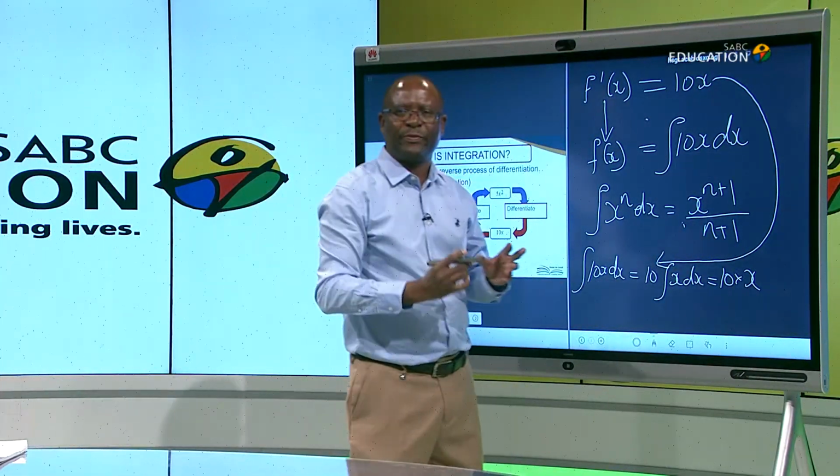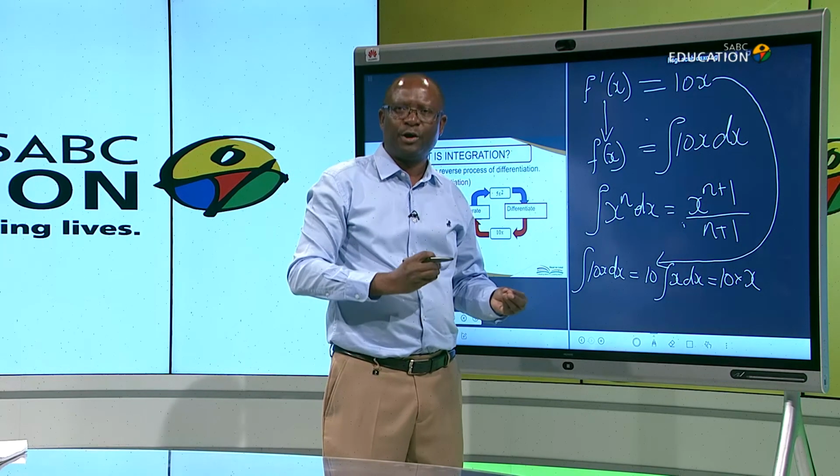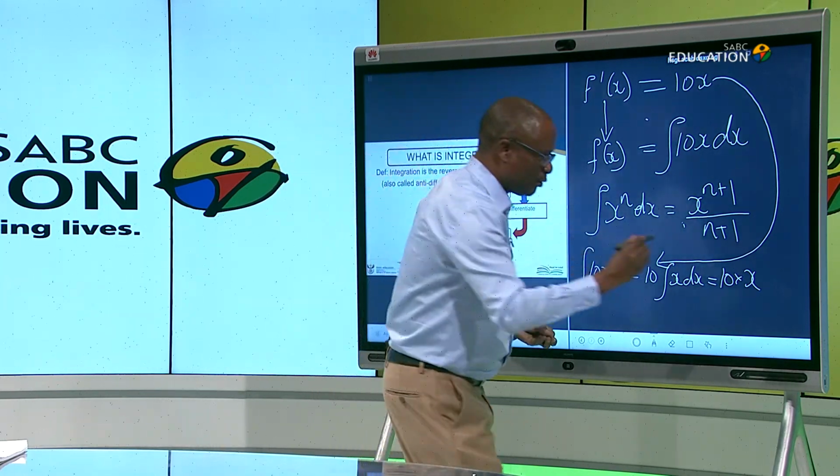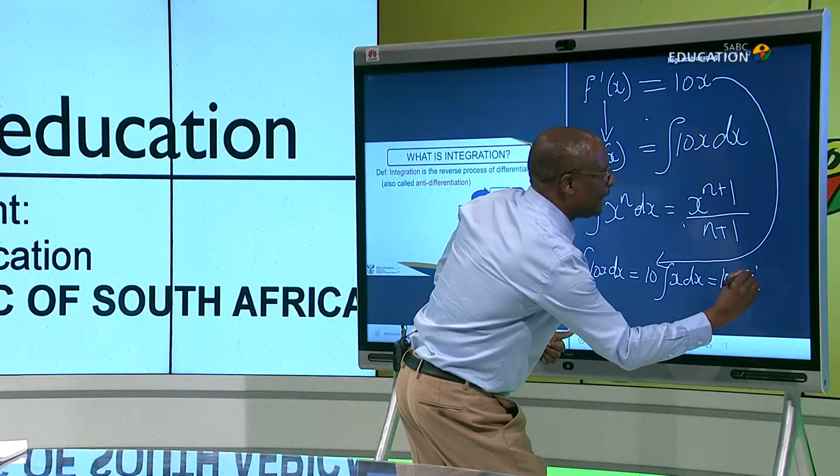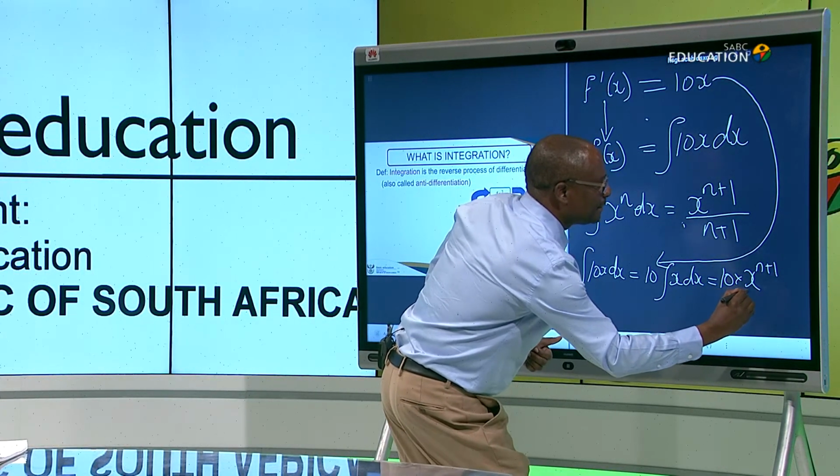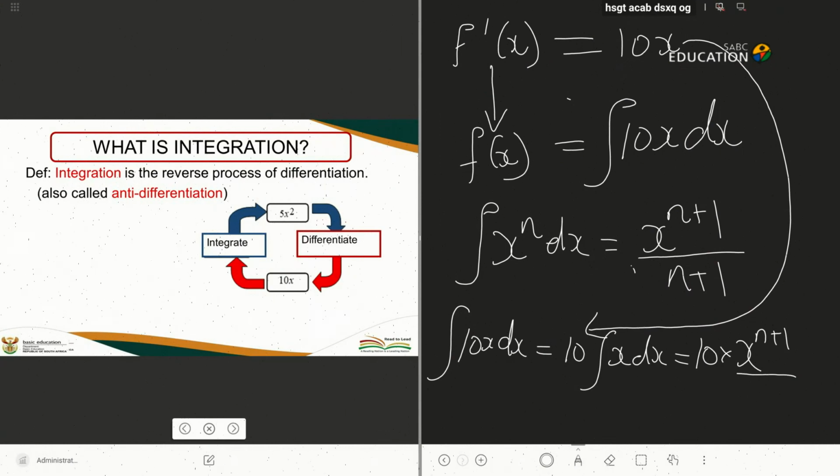With integration, we don't subtract, but we add, which will be n plus 1 divided by n plus 1. In this case, our n is 1, so it should be 1 plus 1, and 1 plus 1 is 2.